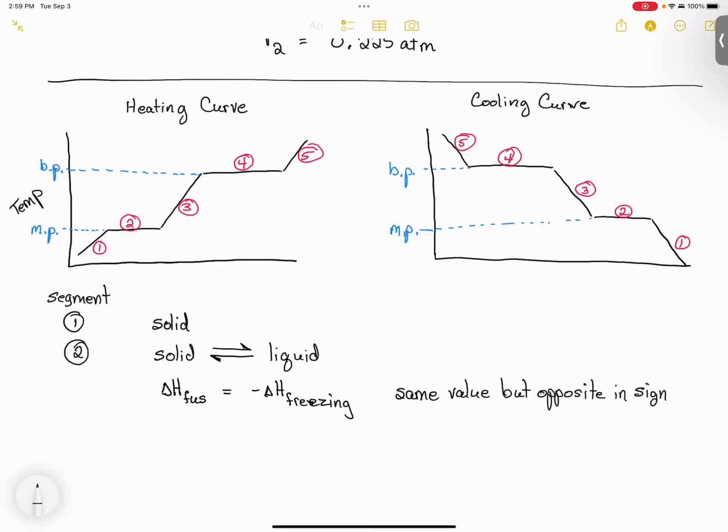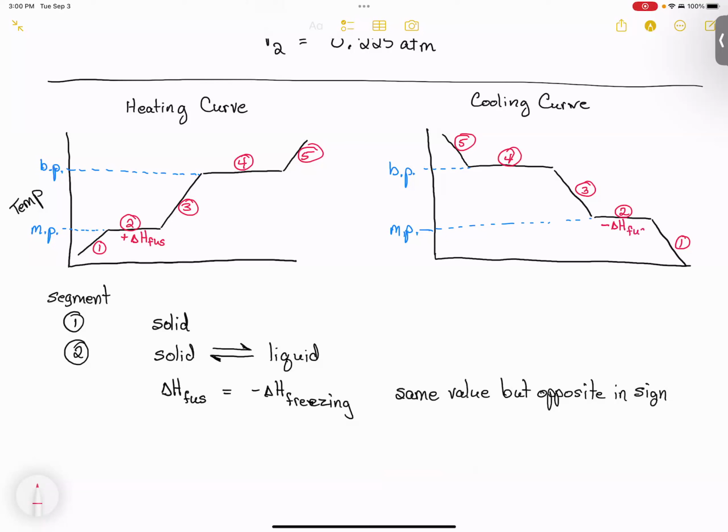So what that means is over here on the heating diagram, it's going to be a positive delta H of fusion, because you have to add energy in order to break the intermolecular forces of the solid and convert it into a liquid. Whereas over here, where it is cooling off, we would wind up using the negative delta H of fusion.